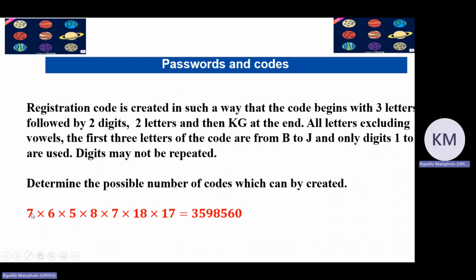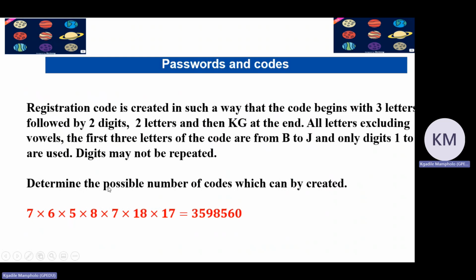These 7 represent the possible number of letters that can be at the beginning of that registration code. Because we said the first letter of the code must be from B to J, but we excluded the vowels, then it will be 7.